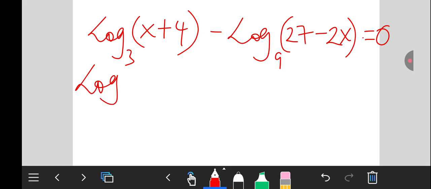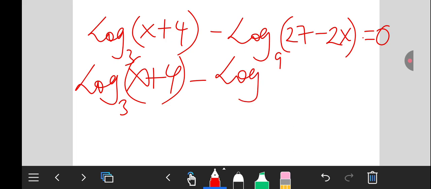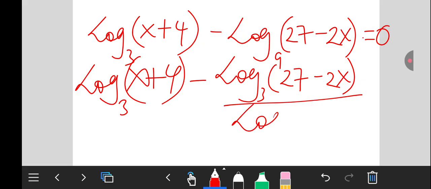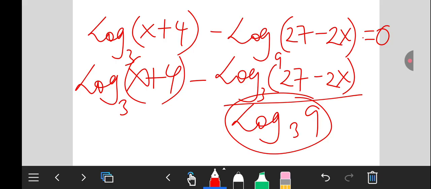So we're going to say log x plus 4 base 3 minus, we can convert this to log base 3. So we're going to have log of 27 minus 2x in base 3 over log of 9 to the base 3. And we can evaluate this. Let me take this portion here.